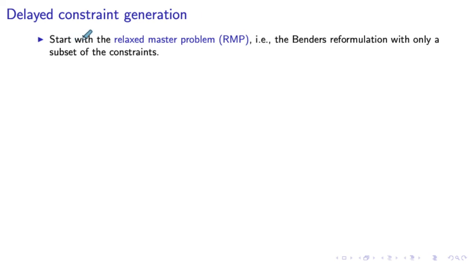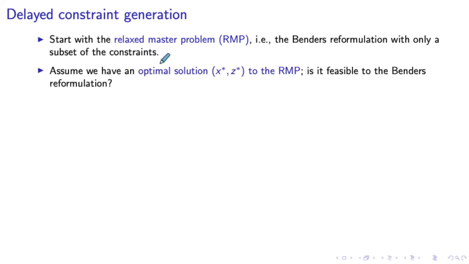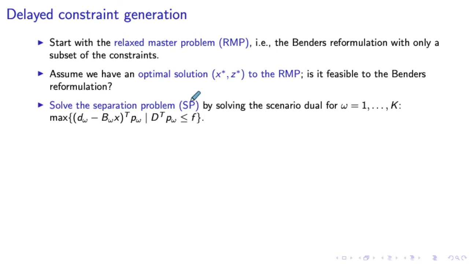So we start with the relaxed master problem, which is the Bender's reformulation with only a subset of the constraints instead of all the constraints. And then we solve the relaxed master problem to optimality and obtain the optimal solution x star, z star to the relaxed master problem. Then we need to answer the question if it is feasible for the Bender's reformulation, which is our whole master problem. And for that we solve the separation problem by solving the scenario dual for every scenario.